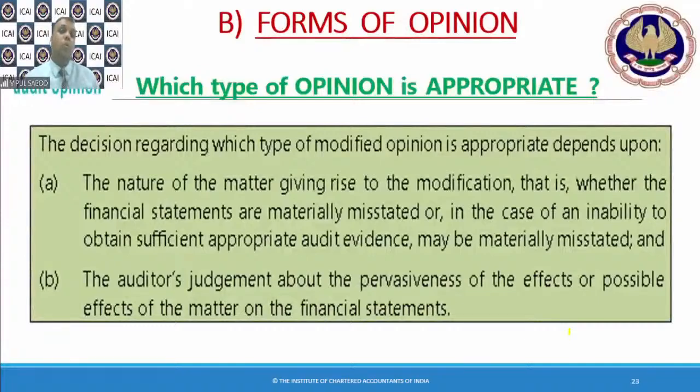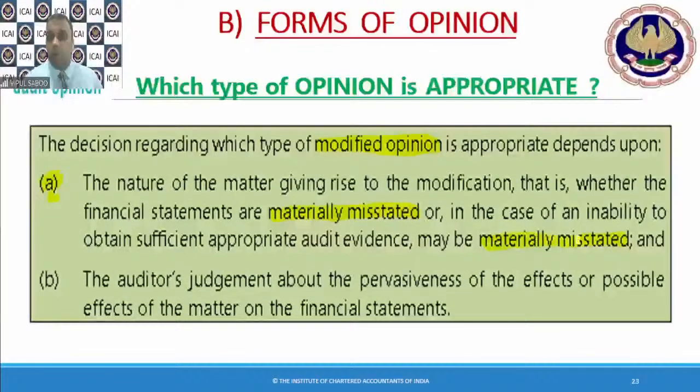So, which type of opinion is appropriate under which circumstances? Which type of modified opinion: adverse, qualified, or disclaimer? How do you find what is the most appropriate? The nature of the matter giving rise to the modification is whether the financial statements are materially misstated, or, in the case of an inability to obtain sufficient appropriate audit evidence, may be materially misstated.